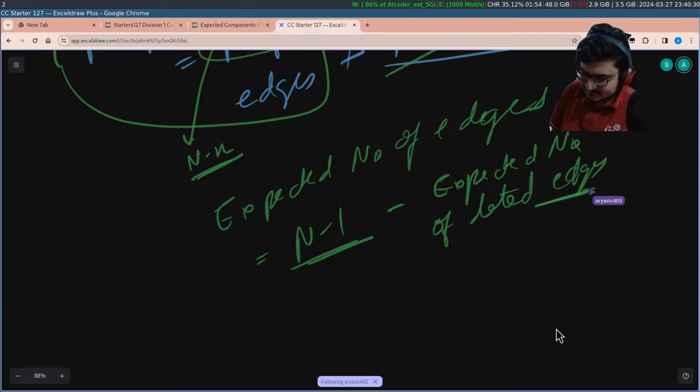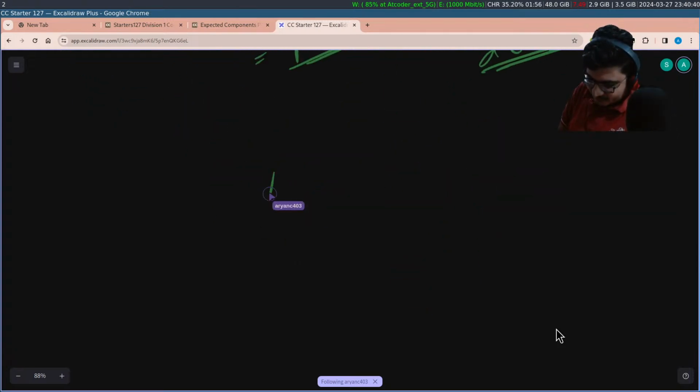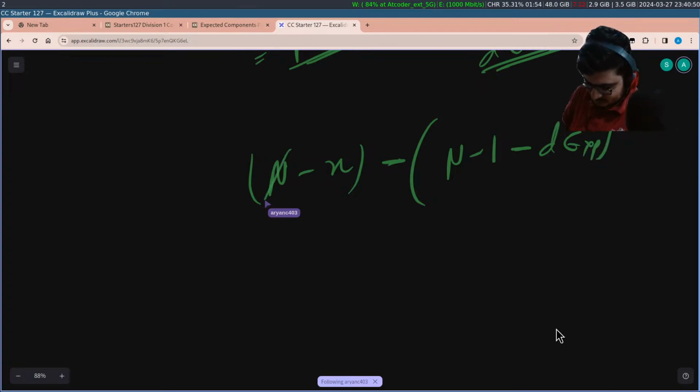Let's call it DEXP, the expected number of deleted edges when we pick exactly x nodes. The number of nodes we have is n minus x, minus the n minus 1 edges we originally had, and from this we delete the expected number of edges. If you simplify, this equation cancels out and becomes 1 minus x plus DEXP.